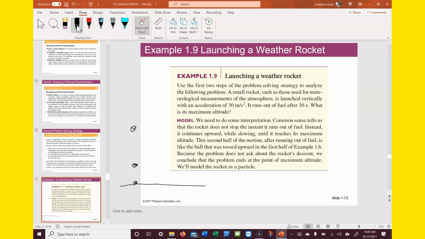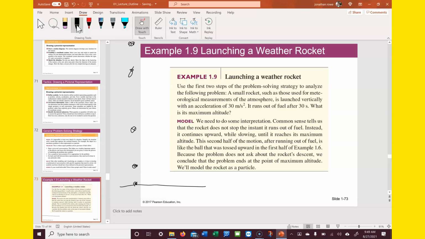At time 3, it's here. Let's just say right there it runs out of fuel. So then, at time 4, it might be here. At time 5, I think I may be out of space.